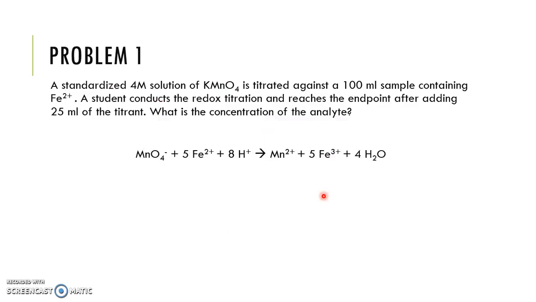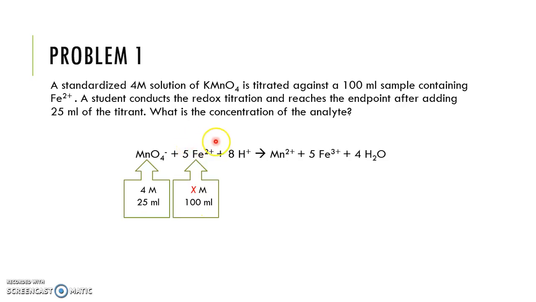So the application is as such. For example, in this problem, we use 25 milliliters of 4 molar potassium permanganate with 100 milliliters of a solution containing iron, but we do not know the concentration.